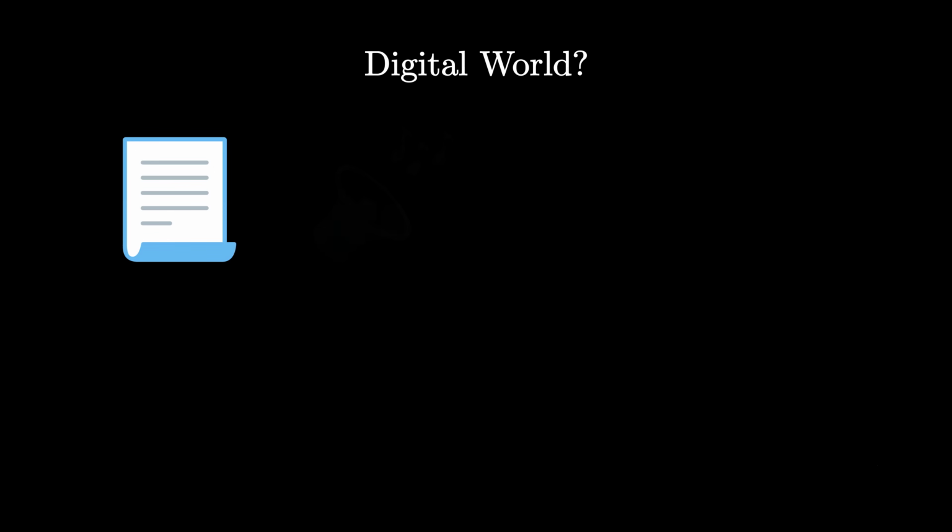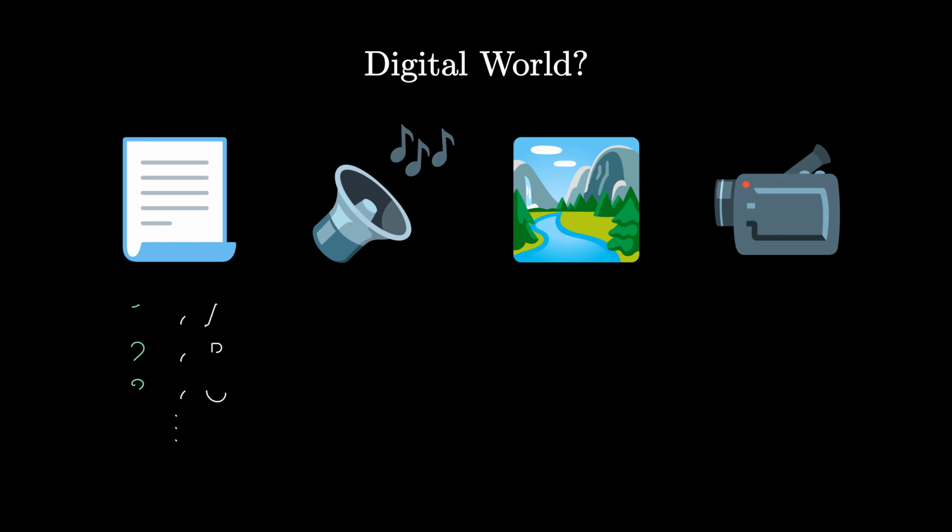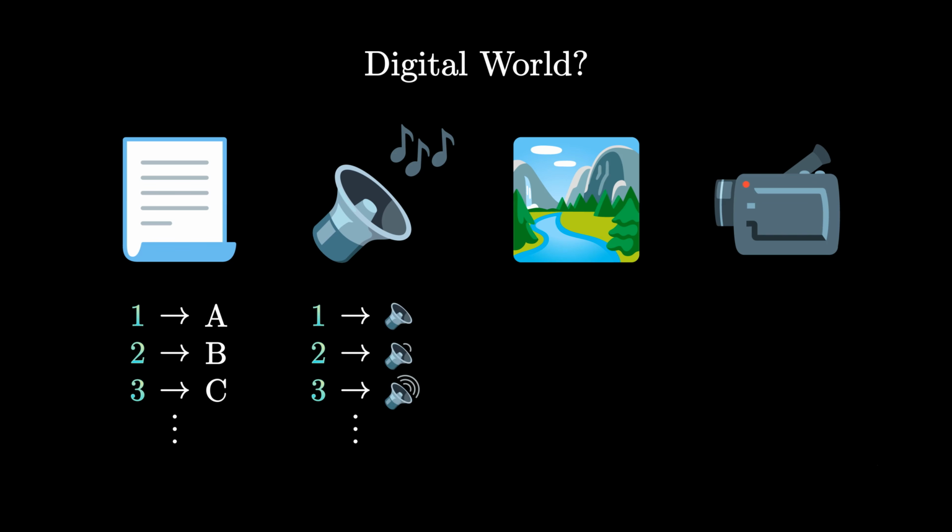Every text, every sound, every image, and every video is just a collection of numbers for the computer. For instance, a text consists of letters and special characters, which we can number one after the other. A sound is nothing more than sound waves, in other words, changes in air pressure. To represent this, we can tell the computer how much the speaker needs to oscillate each time.